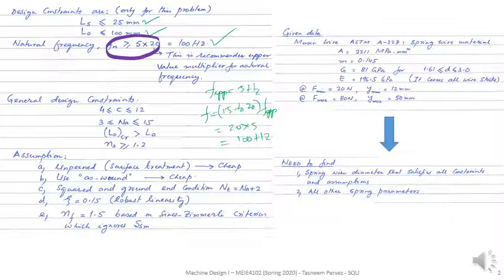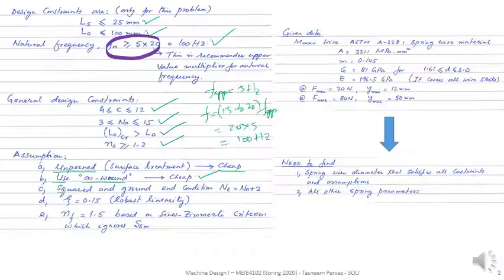That's the value that I want. I know the generalized design constraints, which are coming from the static case also: spring index, active coil, critical length, and factor of safety, etc. I'm going to assume unpeened material because it is cheap. I'm going to use as wound because it is cheap.